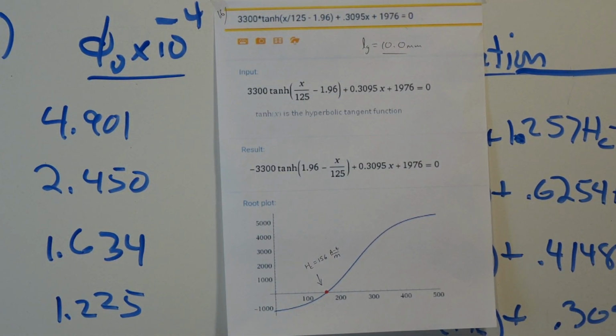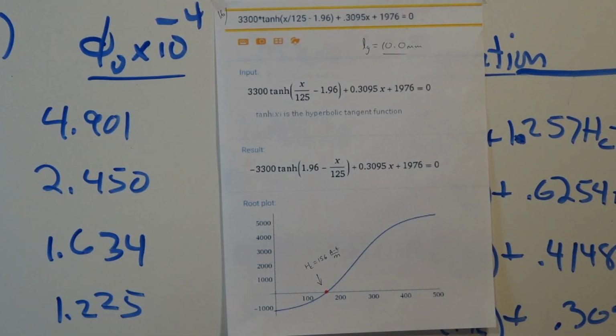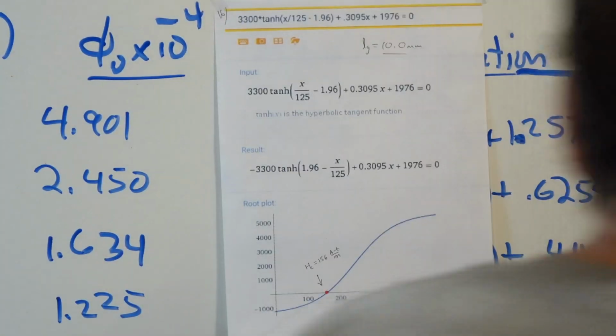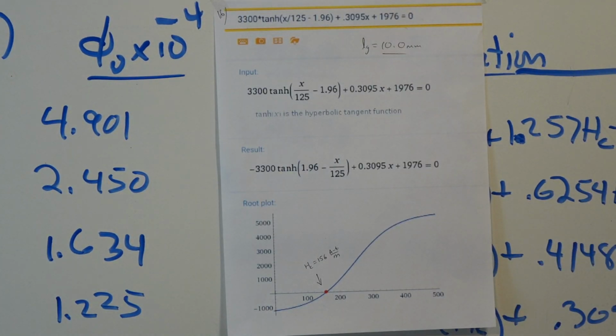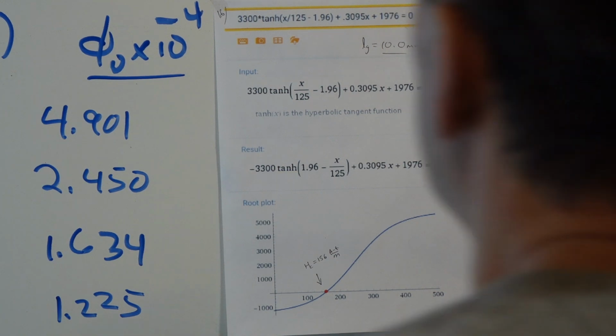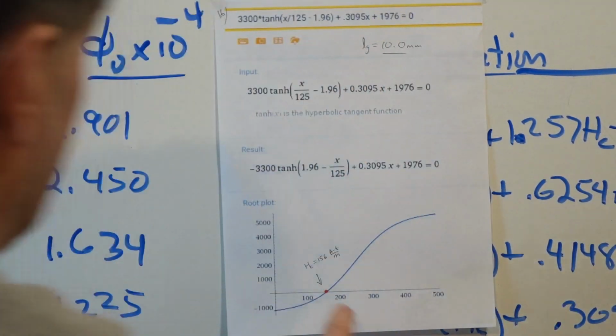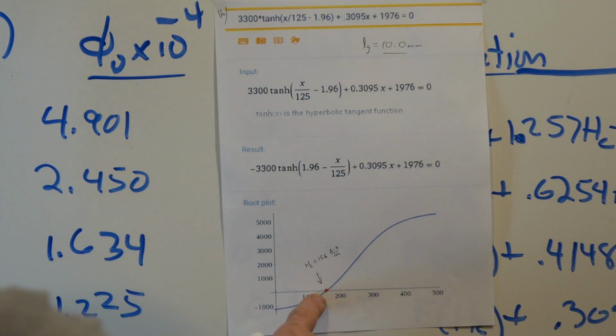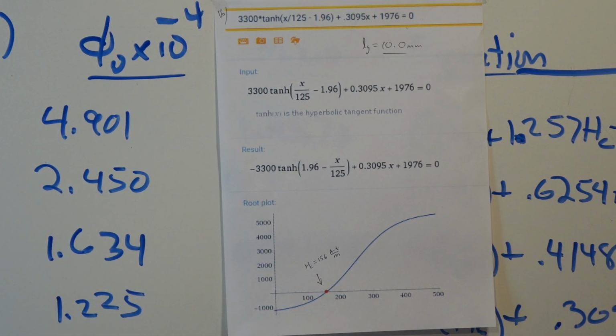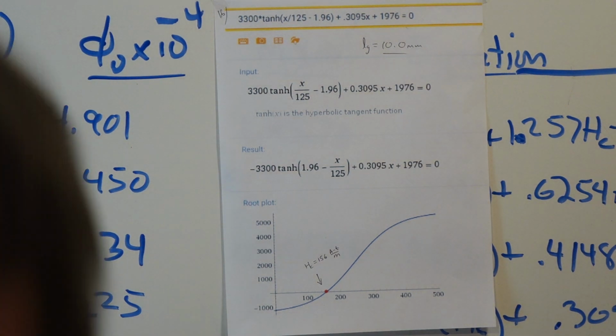So this is the HC, and here's the BC. Now, to get the value of the flux density, you have to take the HC that Wolfram Alpha gives you and go back to the original equation that I had from the curve fitting.